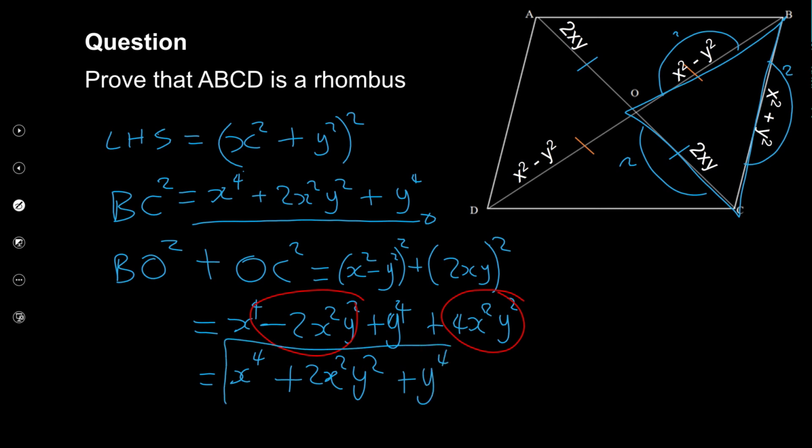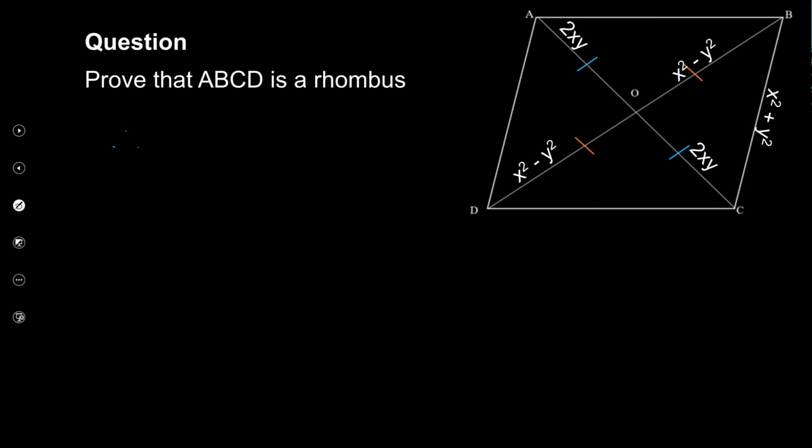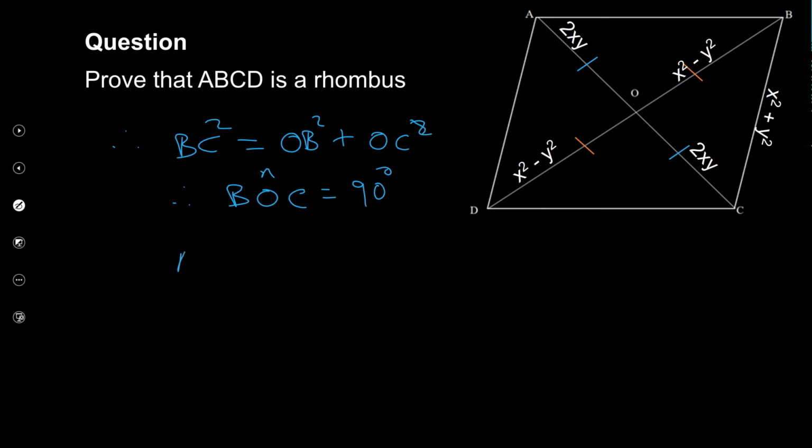Hey, guys, look at this. How beautiful is this? This is the same as that I have there. So as a result, you will then claim that, therefore, BC squared is equal to OB squared plus OC squared, which means that BOC is 90 degrees, then ABCD is a rhombus, right?